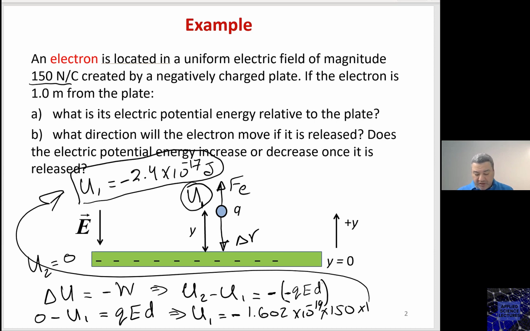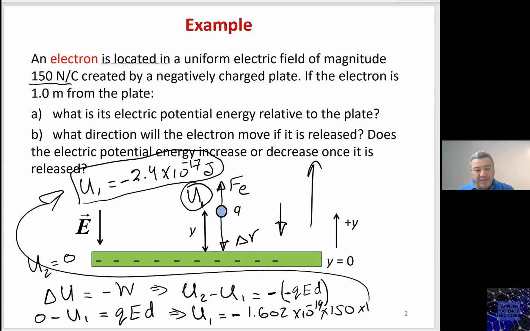So this is the direction. If it's released with no external forces, it will go in the positive direction of y. It will go this way. However, due to the external force, it will go downward, and if it goes downward, it will gain 2.4 times 10 to the power minus 17 joules.